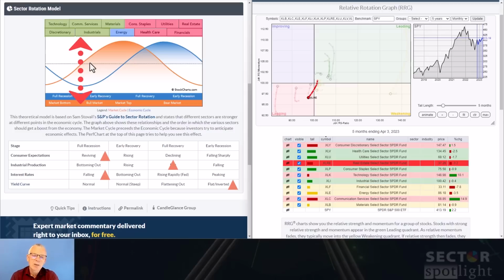My take from the sector rotation model, combining the readings from these macroeconomic indicators together with the rotation of the various sectors through these phases, I think we are positioned from a cyclical perspective somewhere between a full recession and an early recovery. And that puts the market itself, which is the orange line, between a market bottom and the beginning of a new bull market. Let's see how that looks on the chart of the S&P 500.